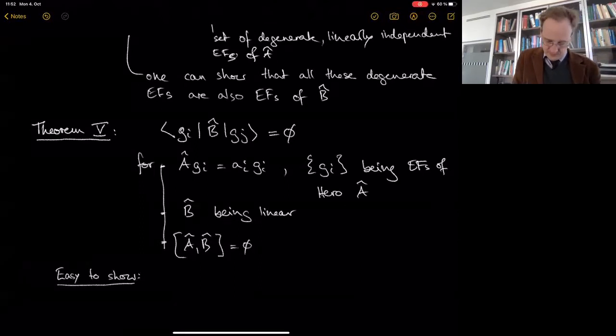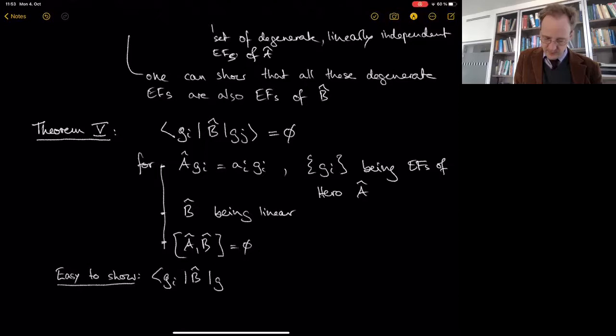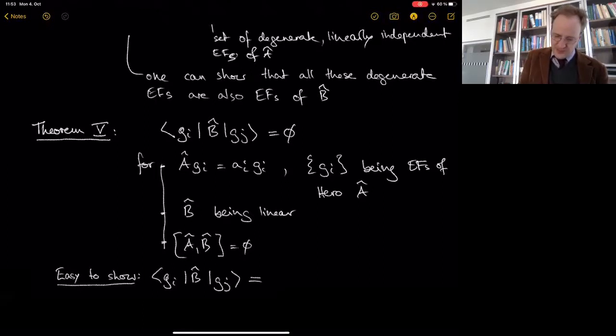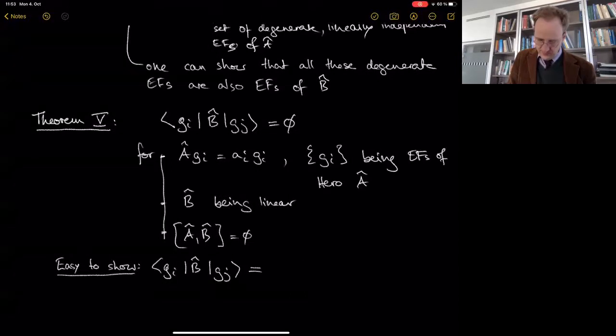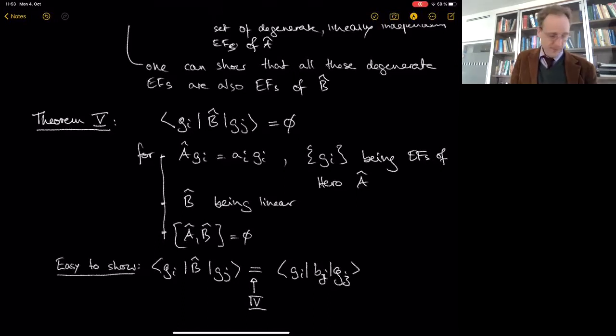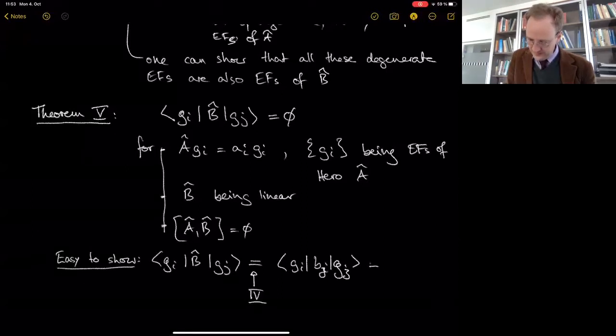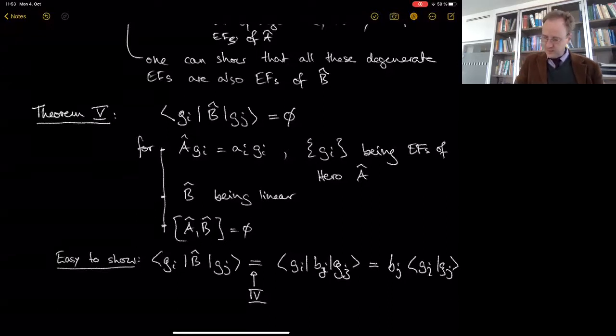So we write that expectation value, and now since B commutes with A, because of theorem 4, we can get the eigenvalue. And so we can write it like this.